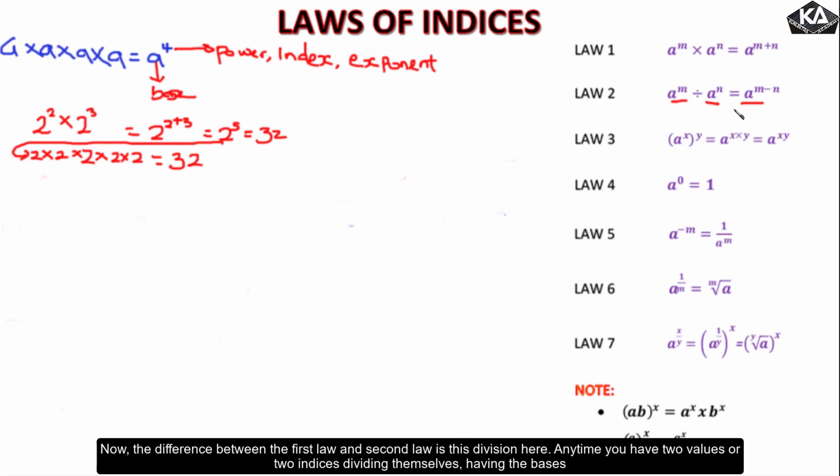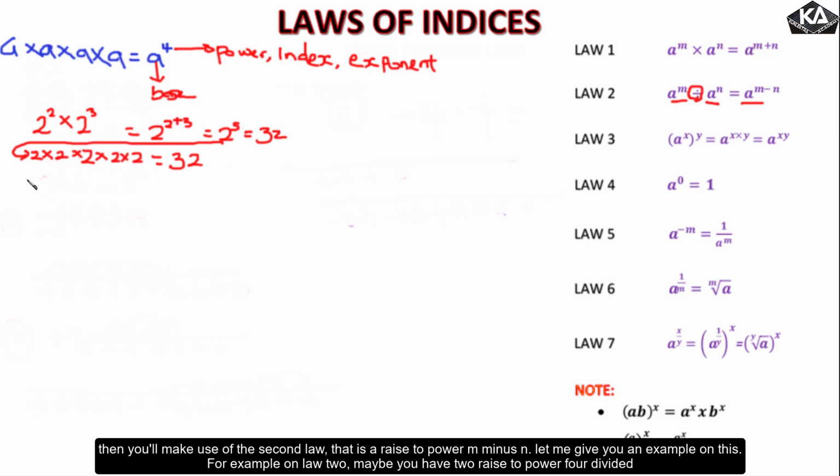The difference between the first law and the second law is this division here. Anytime you have two values or two indices dividing themselves, having the same base, then you make use of the second law, a raised to power m minus n. Let me give you an example on this.